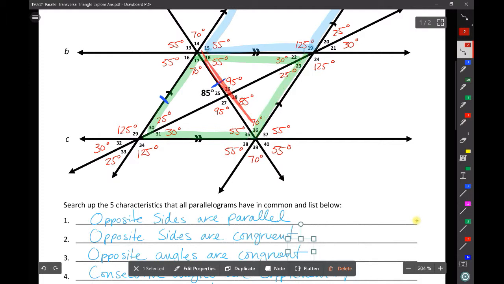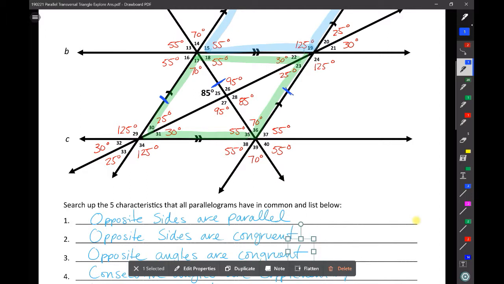Well, check this out. We already have a single blue congruency mark on this side. In fact, this is a reflexive side for both triangles. This side is present in both the first triangle and the second triangle. So since this has a length of one congruency mark, this needs a length of one congruency mark also. And so we're going to put one congruency mark over here.